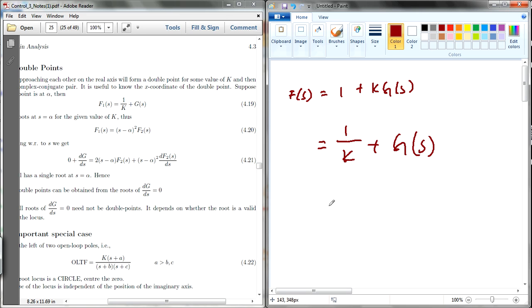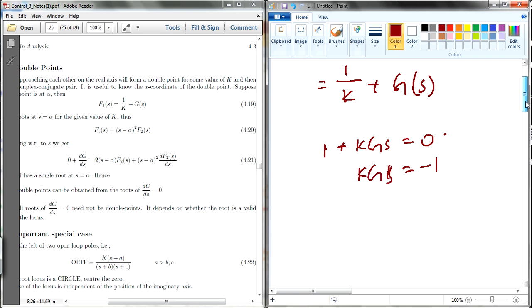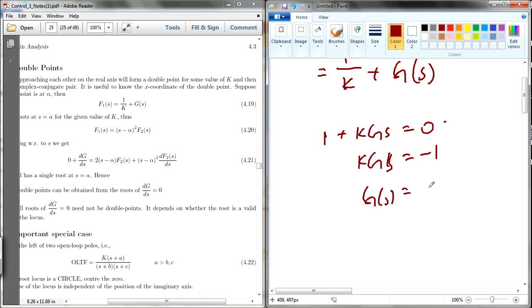So if you remember, the characteristic equation is 1 plus kG(s) equals 0, right? And then you just bring this forward, so you have kG(s) equals minus 1, so G(s) is equal to minus 1 over k. And then for some reason they use an absolute value for 1 over k, so that's why you have 1 over k over here. Nonetheless, if this is minus 1 over k, if you bring this back over here, you have 1 over k plus G(s) equals 0.